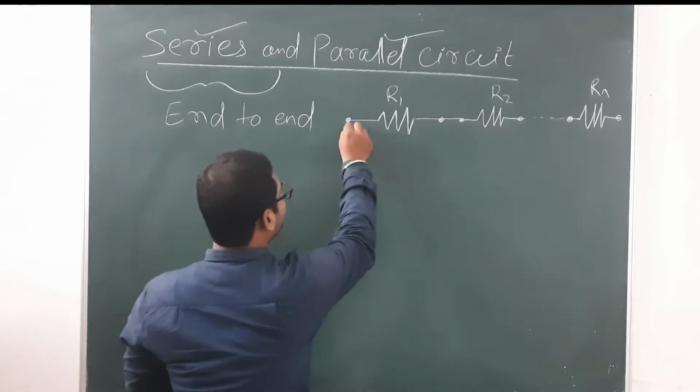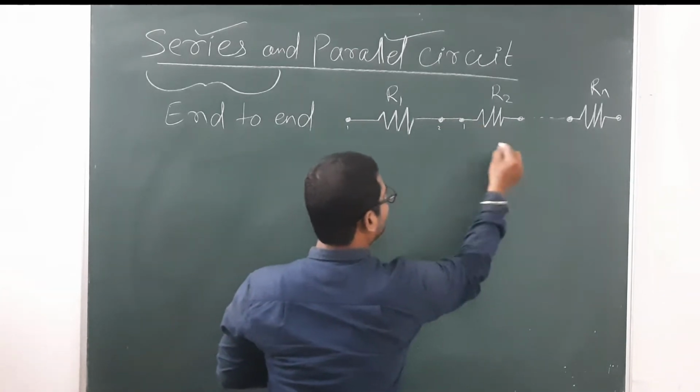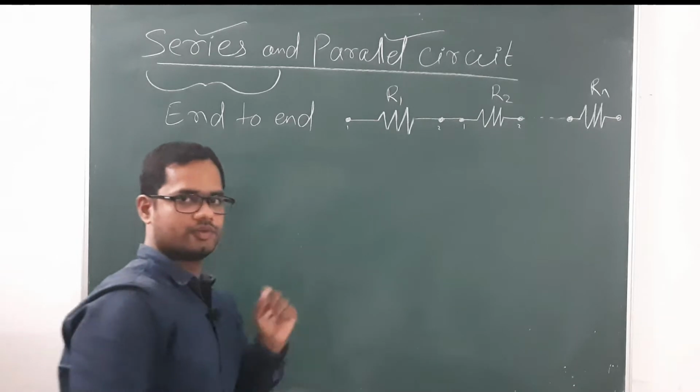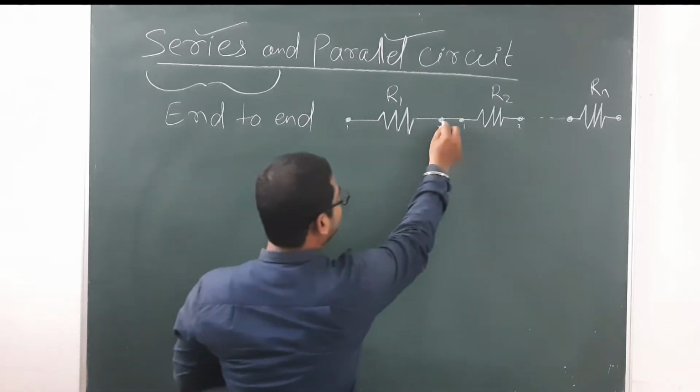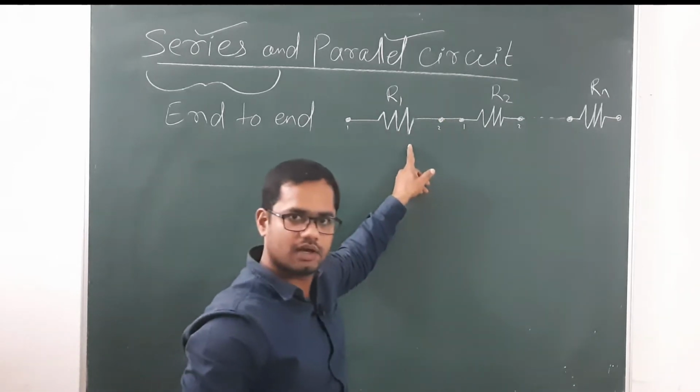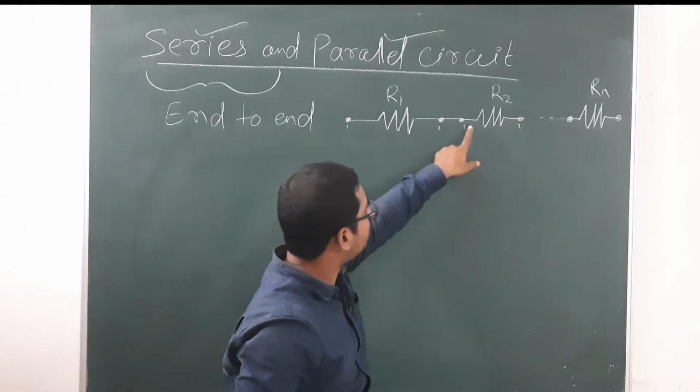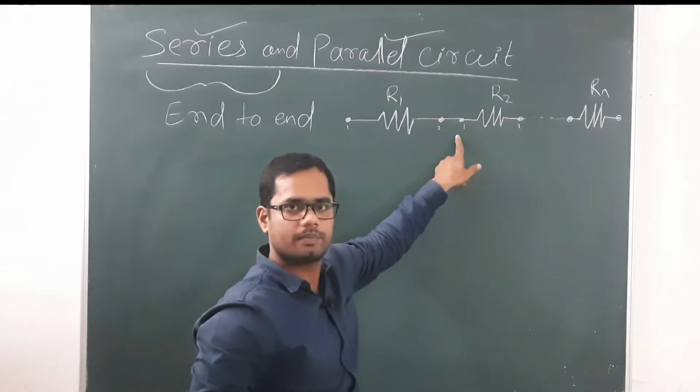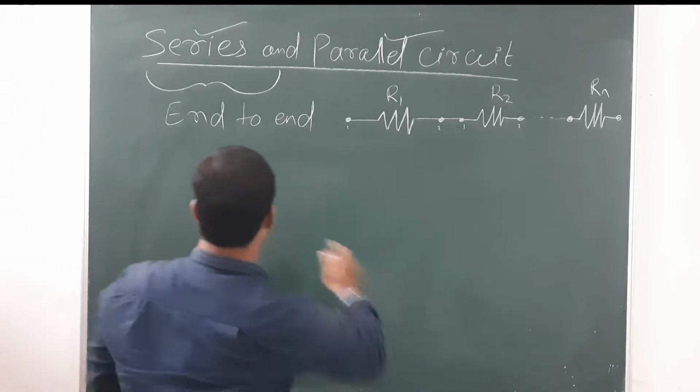Terminal 1, terminal 2, terminal 1, terminal 2. The second terminal of the first resistor is in contact with the first terminal of the second resistor. I am drawing here on a large scale.